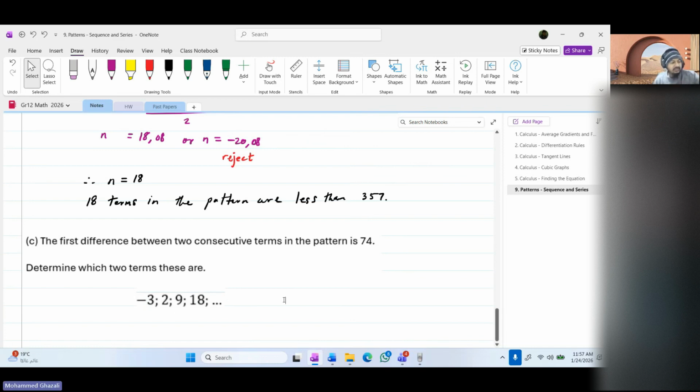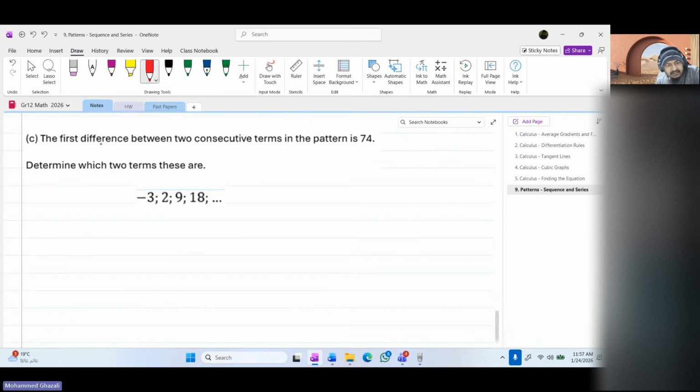So this was my pattern. The first difference, what are they talking about? The first difference between two consecutive terms in the pattern is 74. So what is the first difference between term 2 and term 1? It is 5. The second value of the first difference is 7. Then the value 18 minus 9 is 9.